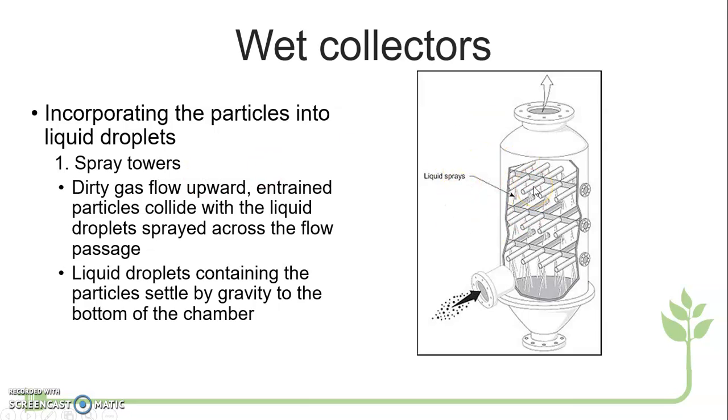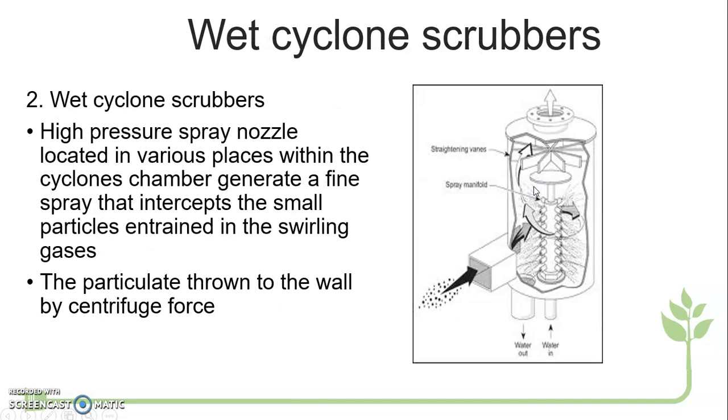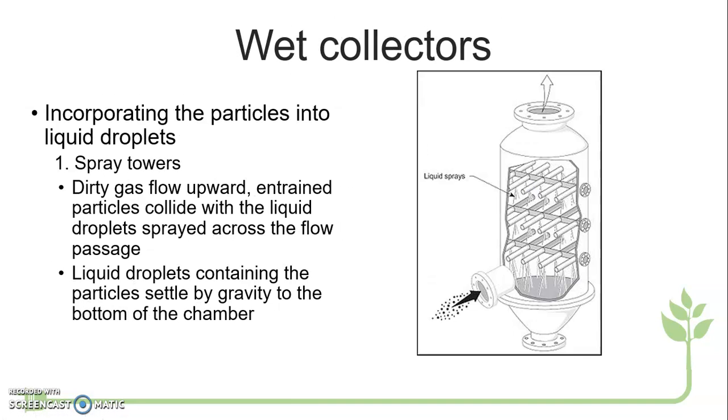If you look into this figure, this is the spray tower. You can see there's a small hole there where the dirty airflow comes through from the bottom part of the collector, so it is counter-current.